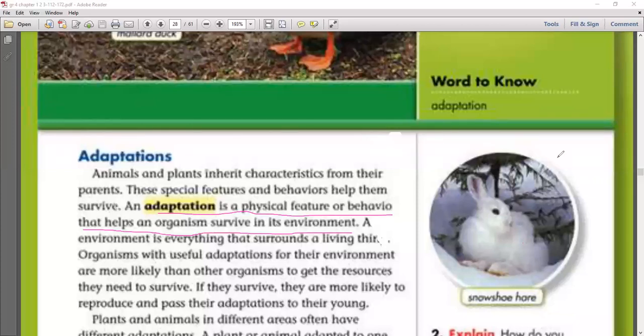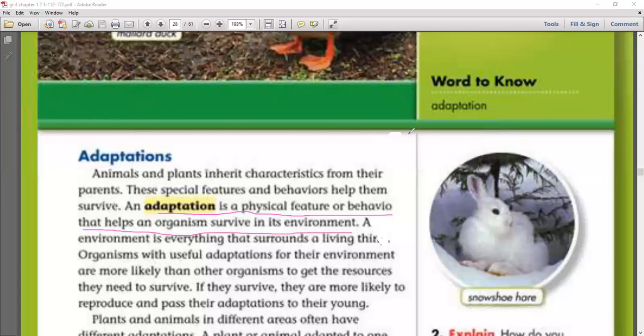Yes, miss. The physical feature that can help the animal or plants to survive in its environment. The name of it, adaptation. Excellent. Good job.